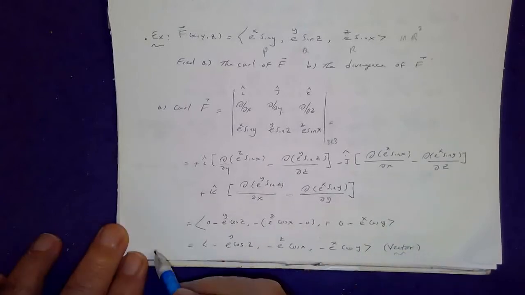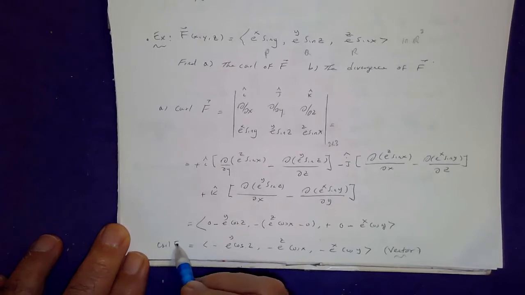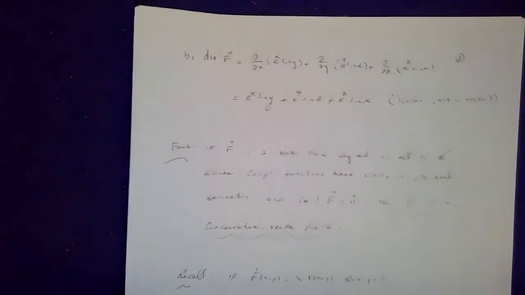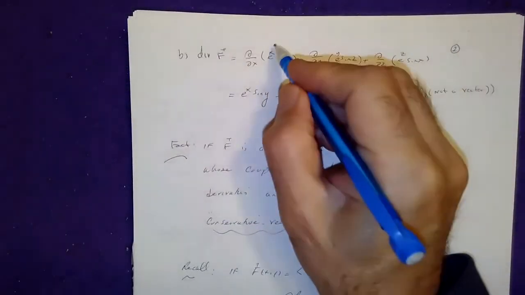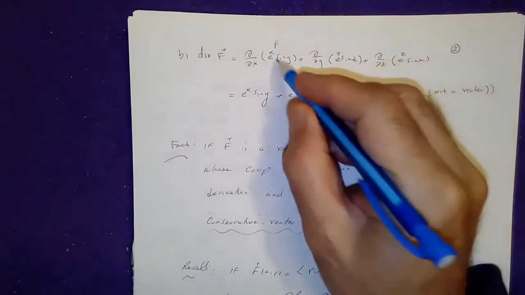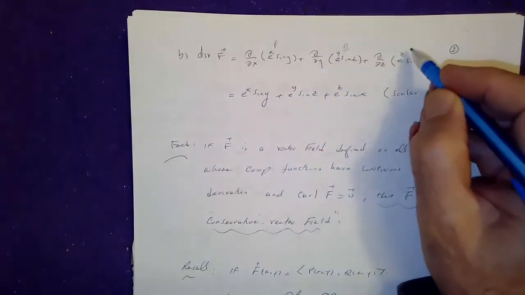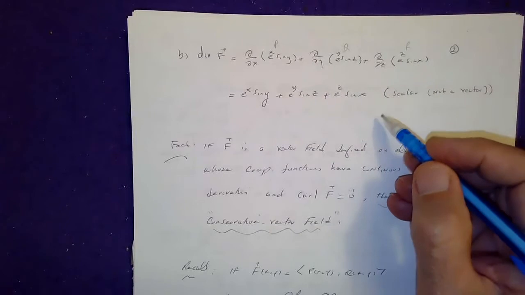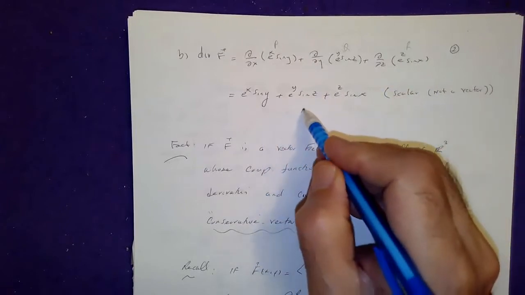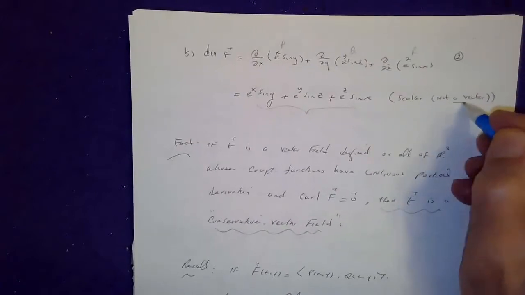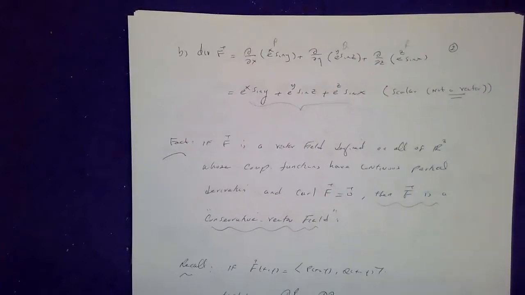Notice the curl of f is, at the end of the day, a vector. On the other hand, the divergence is a scalar. You take the partial of P with respect to x, the partial of Q with respect to y, and the partial of R with respect to z. Notice this is not a vector, it's a scalar. So that's what the divergence of a vector field is.